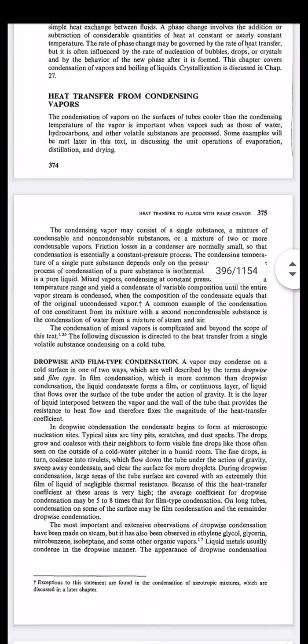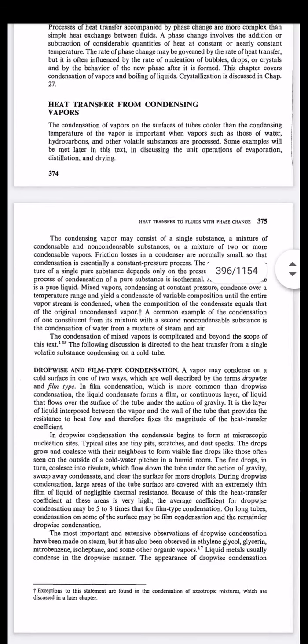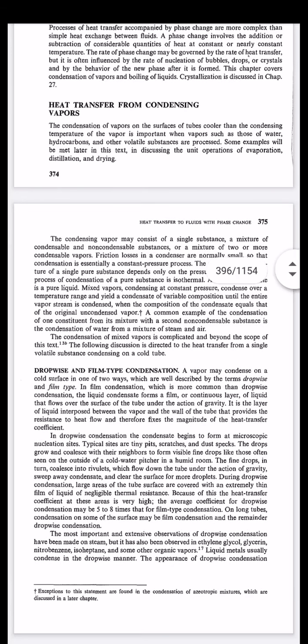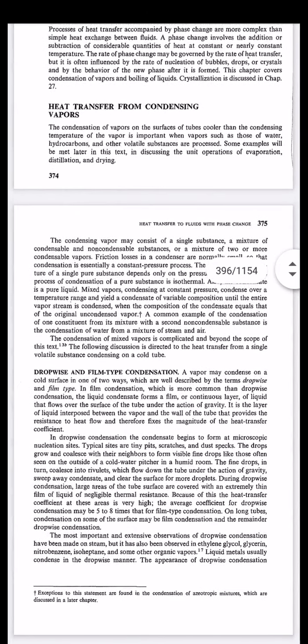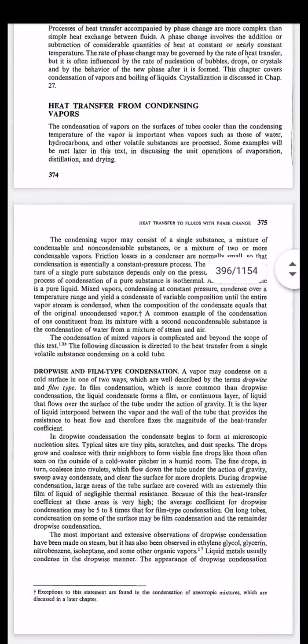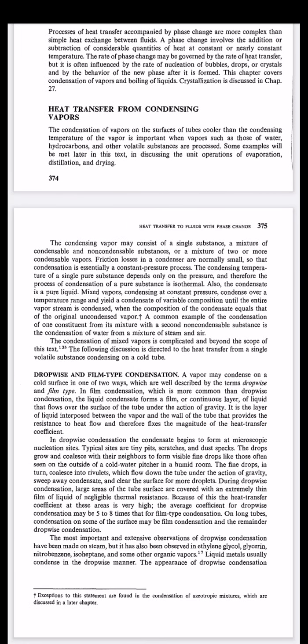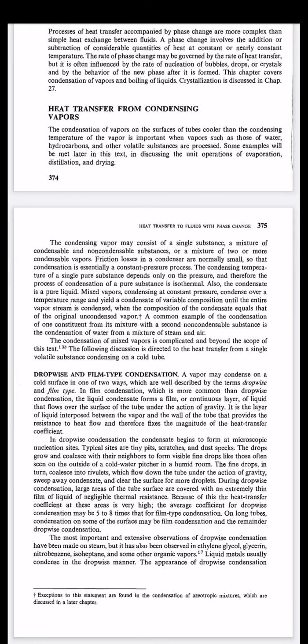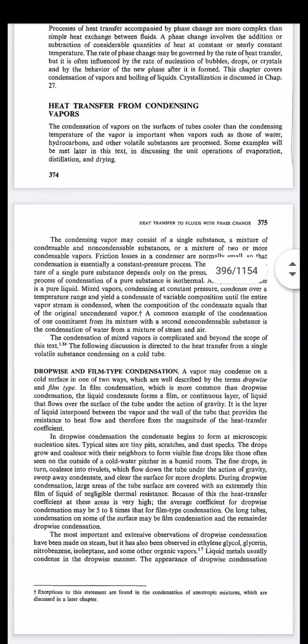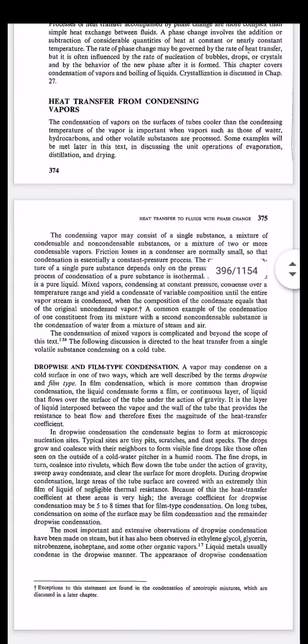Both film and dropwise condensation may occur in heat exchangers. So what is the criterion for formation of dropwise as well as film condensation? When the surface is very clean, glossy, and non-dirty, then film-wise condensation takes place.